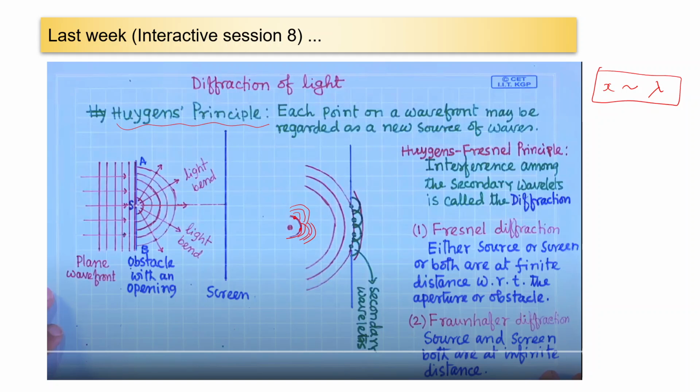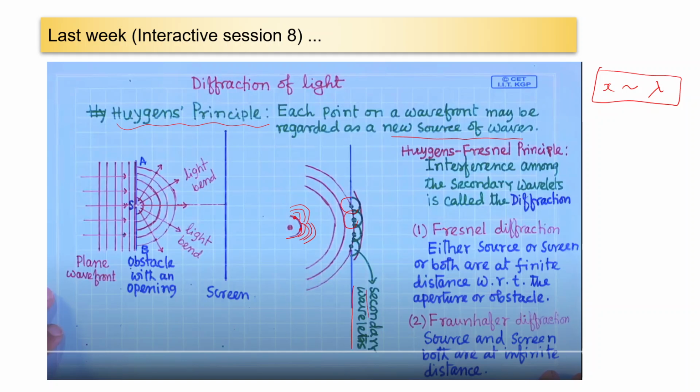When these wavefronts from each point of the original wavefront interfere, we get an interference pattern. This is the primary wavefront, and each point of it acts as a new source of wave. This is the origin of the disturbance, and we only take the wavefront moving forward, and taking the tangent to all these wavefronts we get the secondary wavelet.